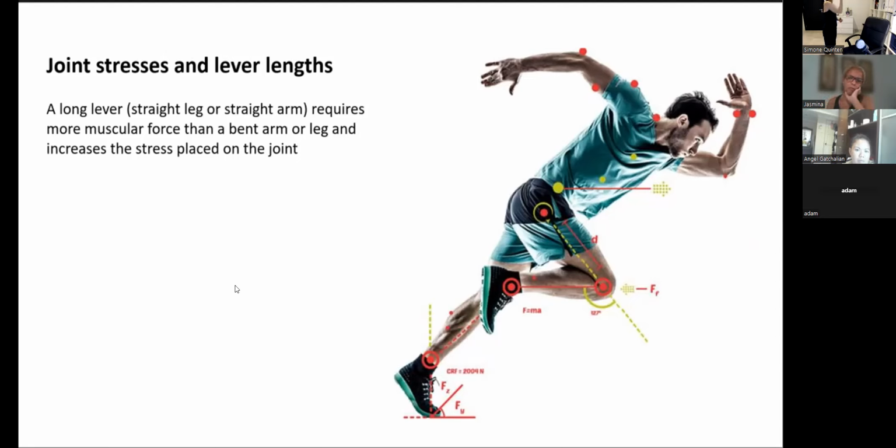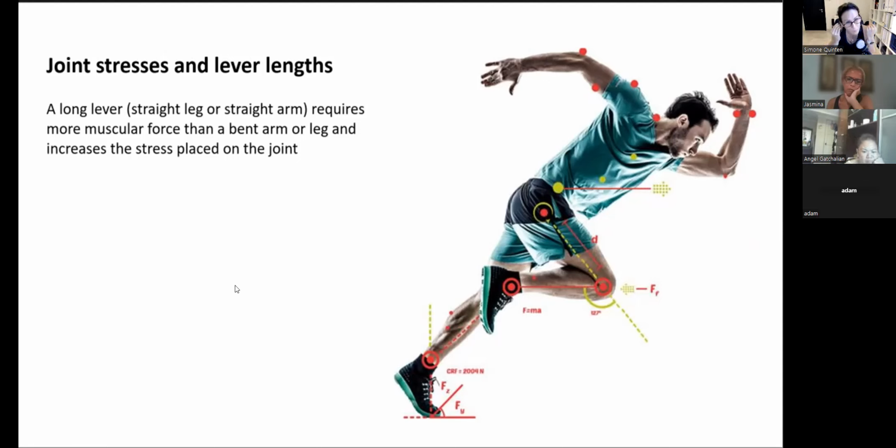This is a short lever, and this is a long lever. It's not only harder, but it is also more stress on your joints. And when we talk later about injuries, you will see that it all makes sense.